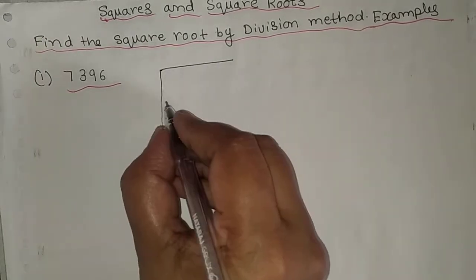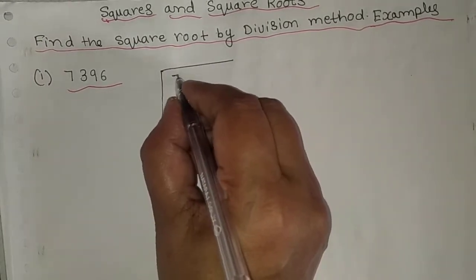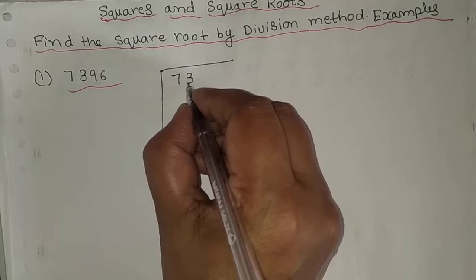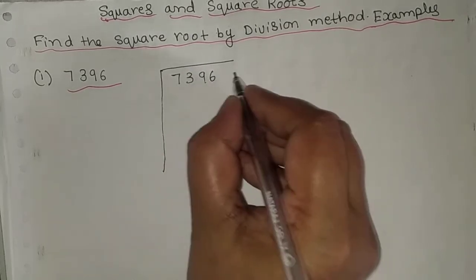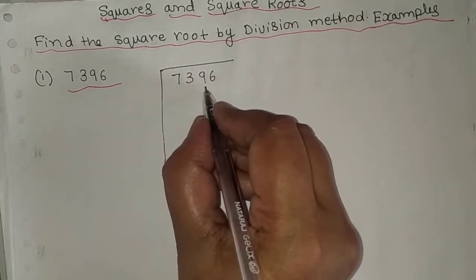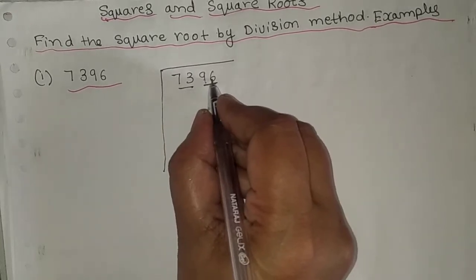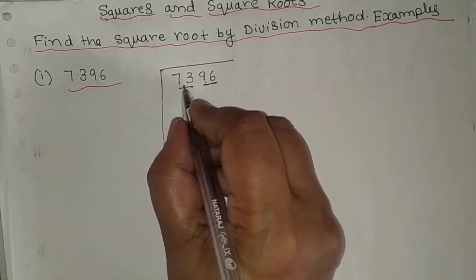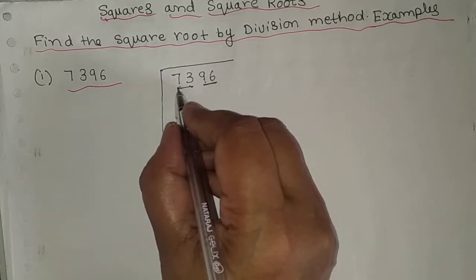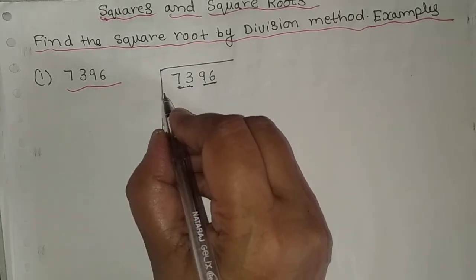First I will teach you. Take the number 7396. First step is to pair these numbers. So we paired them: 96 and 73. After this, find the nearest number which should be a square.